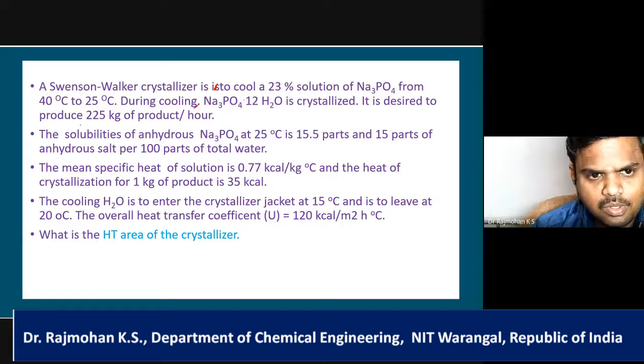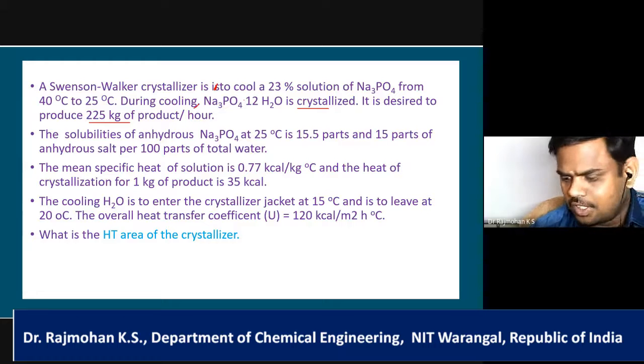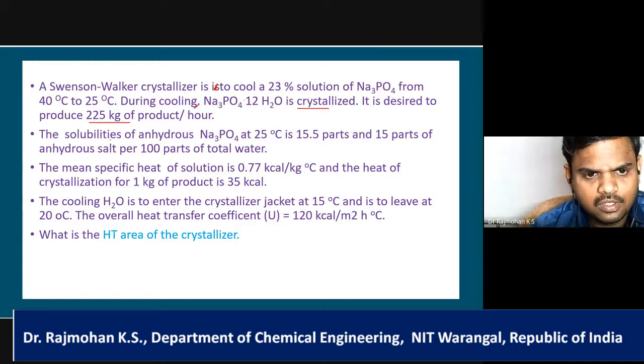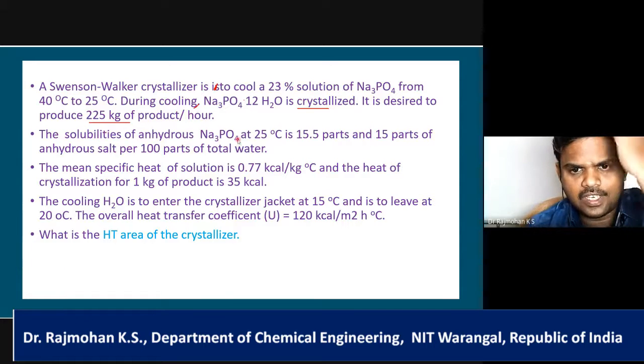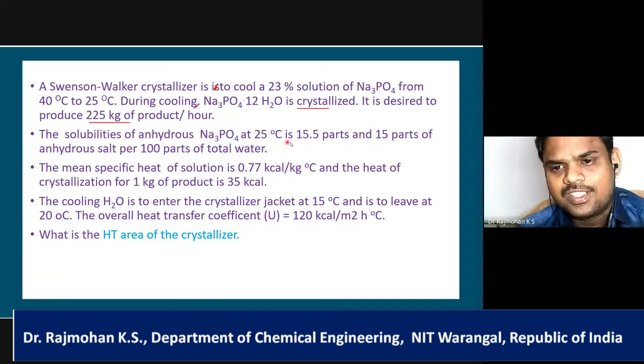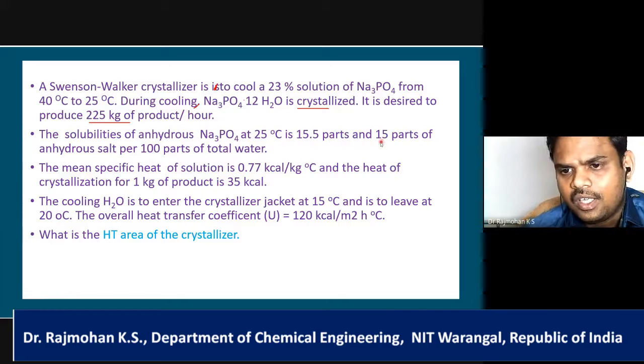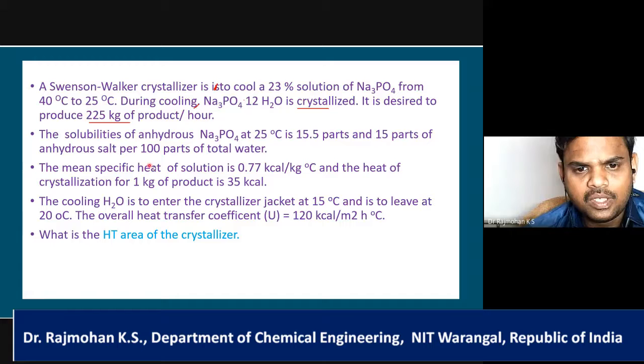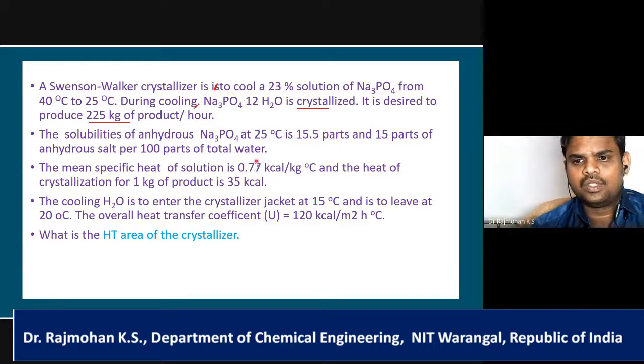It is desired to produce 225 kg of product per hour. That is, the crystal formed is equal to 225 kg. The solubility of anhydrous sodium phosphate at 25 degrees Celsius is 15.5 parts of anhydrous salt per 100 parts of total water. Okay.